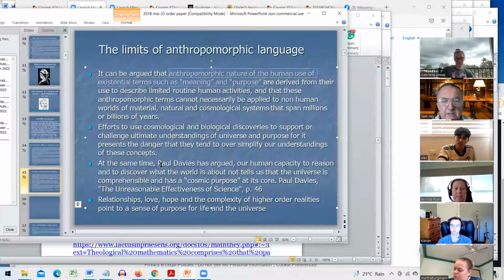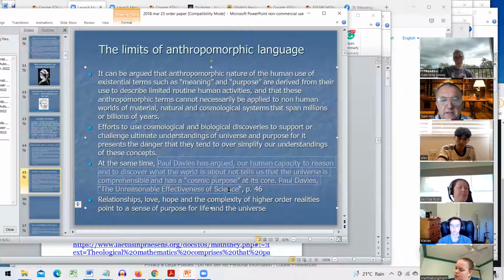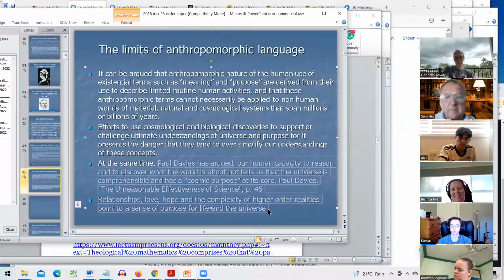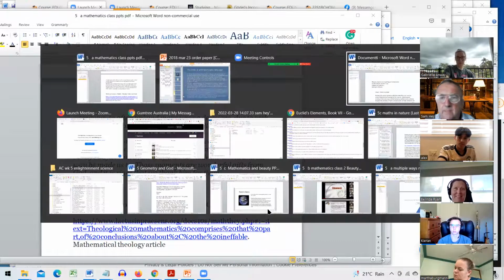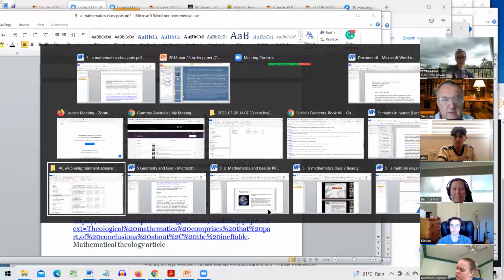And then Paul Davies said the human capacity to reason and discover what the world is about tells us something about human people and relationship and love and a higher order reality like mathematics that is there in the universe. So on to some other slides.